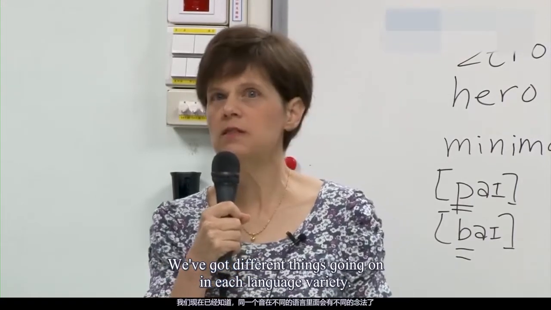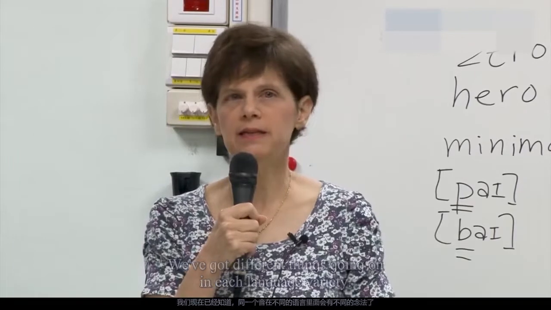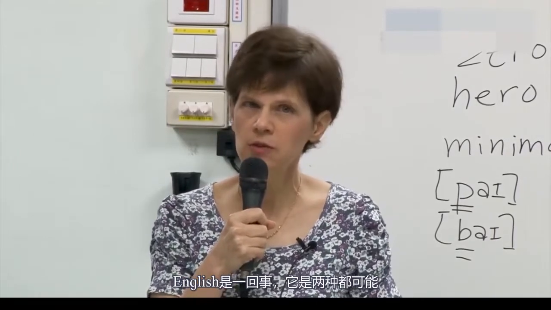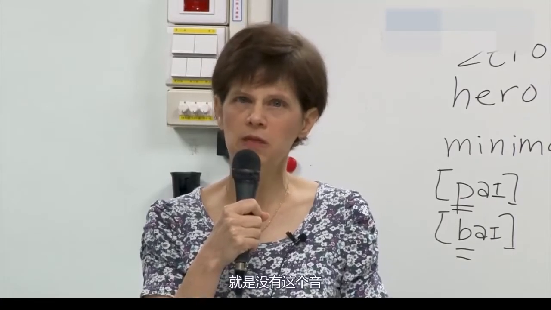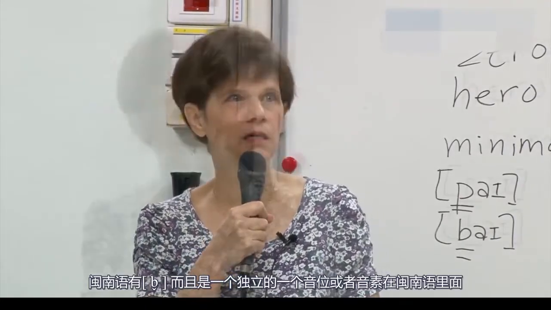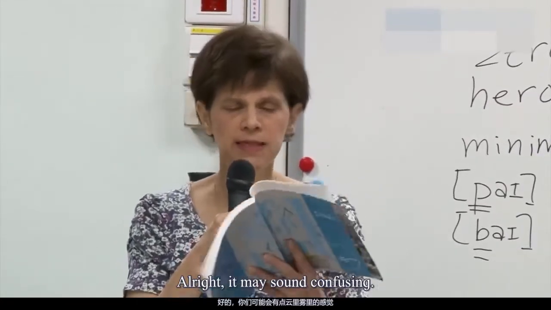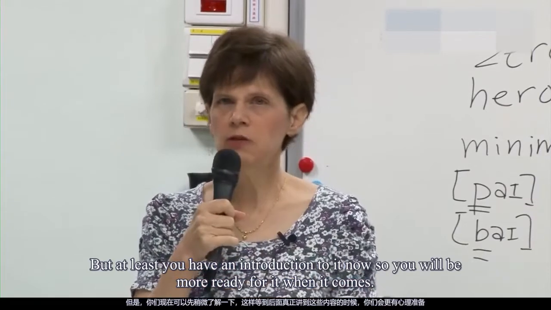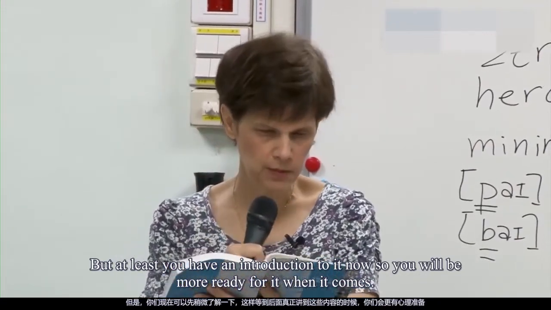We've got different things going on in each language variety. English 是一回事，它是两种都可能。那国语是只有 b，不可能 b 就是没有这个音。闽南语有 b，而且是一个独立的一个音位或者音素在闽南语里面。All right, it may sound confusing, but at least you have an introduction to it now, so you will be more ready for it when it comes.